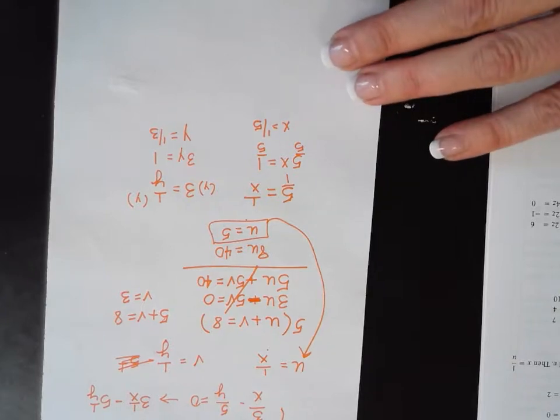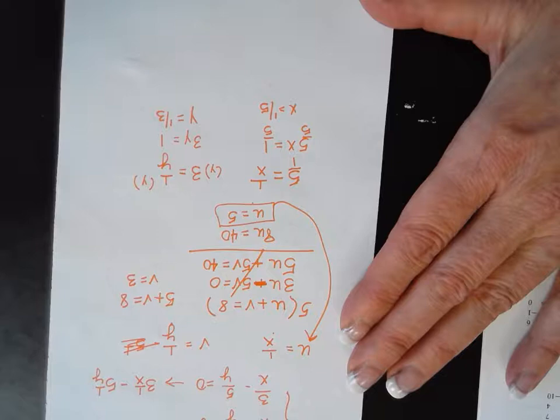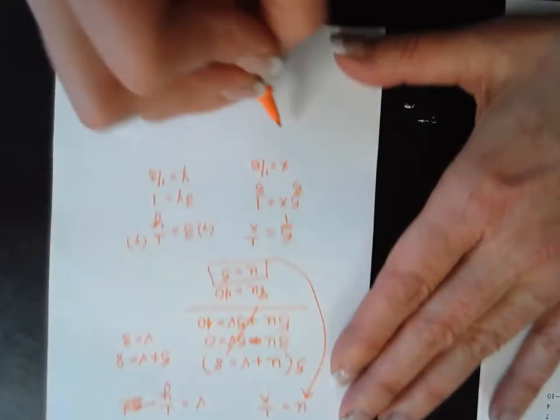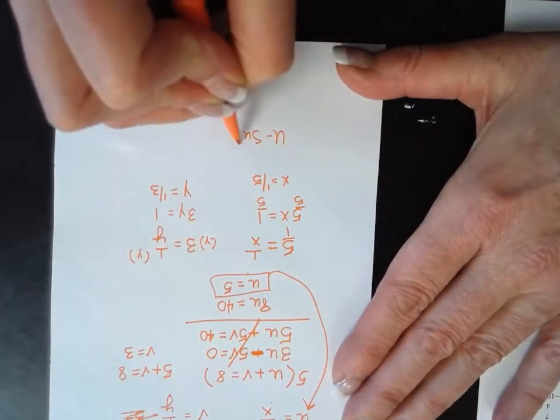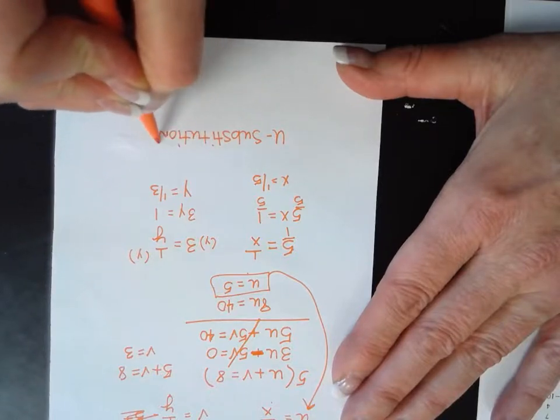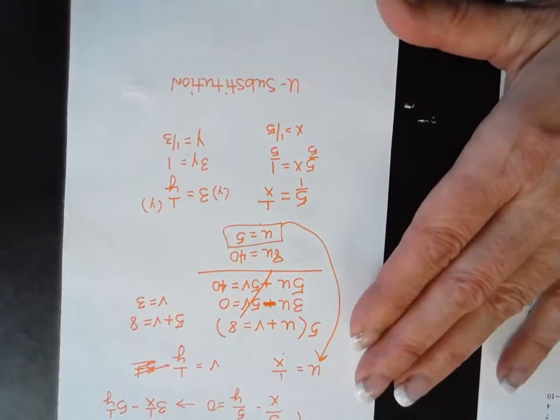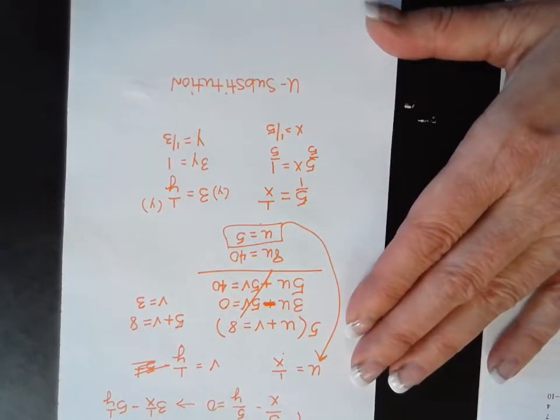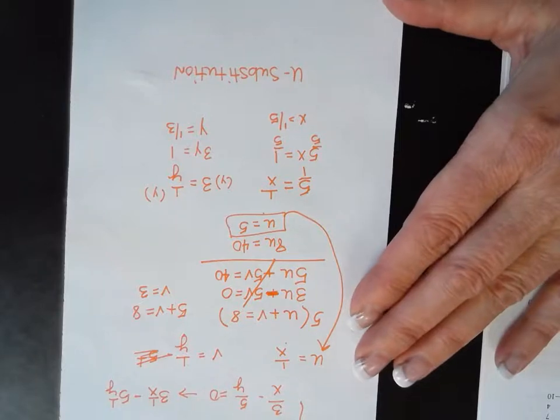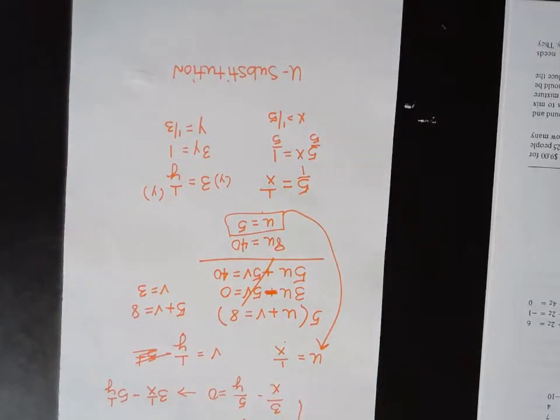Anybody know what the name of that process is called? It's called u substitution. And because you're substituting u in for something ugly to make it easier to solve, and it is a huge calculus method. In fact, that's what they're learning right now in, I think, AB.